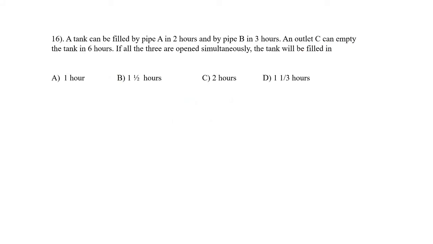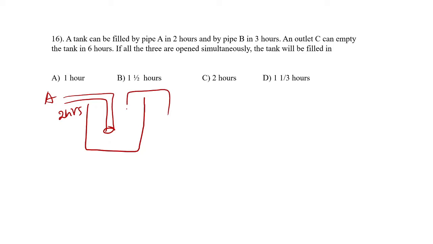16th question. A tank can be filled by pipe A in 2 hours and pipe B in 3 hours. Suppose this is the tank. It is filled by pipe A in how many hours? In 2 hours. And by pipe B, this is pipe B, in how many hours? 3 hours.